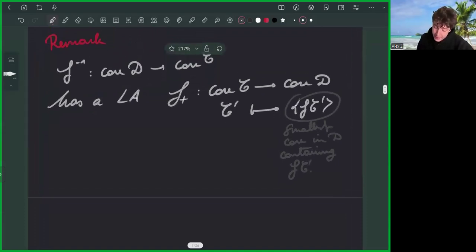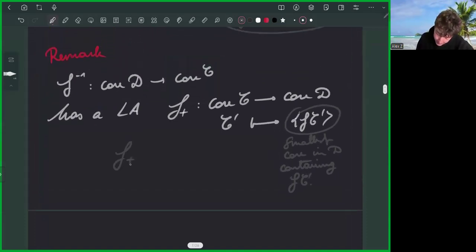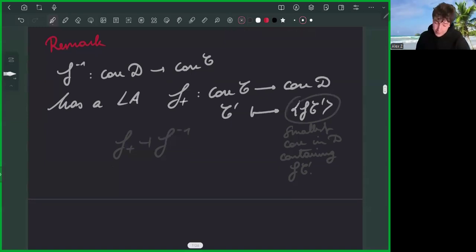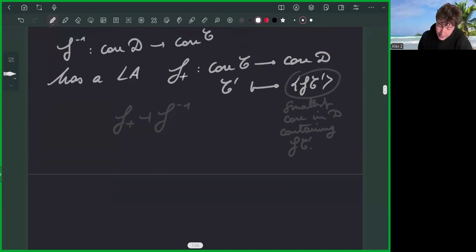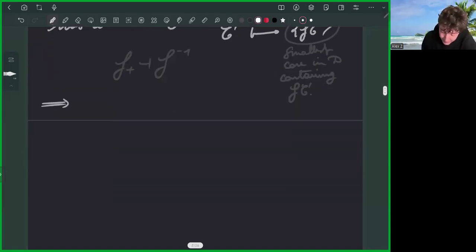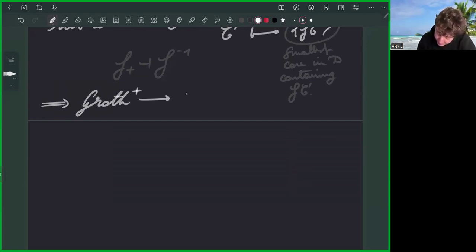Okay, so it's sort of the smallest core that has f of C prime contained in it, and it will be true that f^+ is a left adjoint to f^{-1}. And so the thing that follows from this is that this functor Groth^+ to PRLST is also a co-Cartesian fibration because it has left adjoint transport maps along to the right adjoint transport maps that we had.